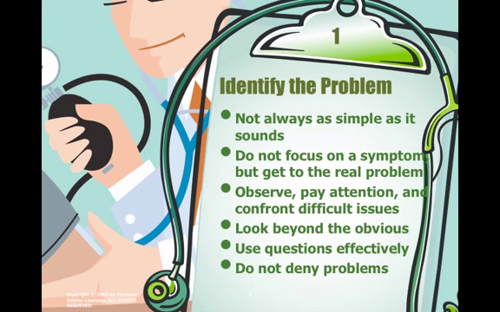So you need to pay attention, observe, and confront the difficult issues head on if need be. And sometimes you need to look beyond the obvious, because sometimes what's right in front of you really is not the problem at all. And questions, lots of questions. That's how you learn.